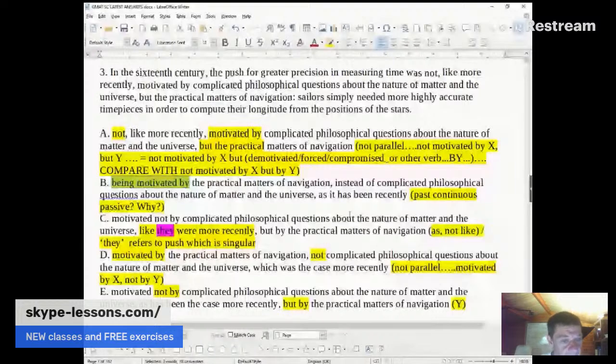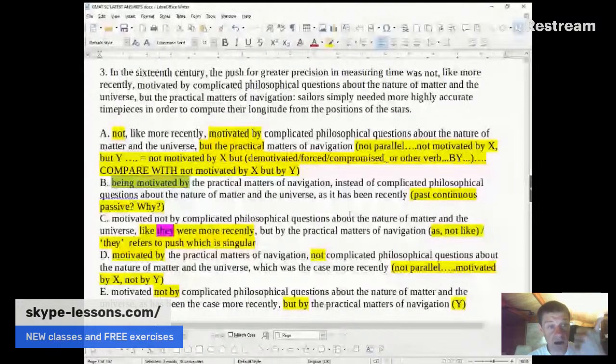Let's have a look at C. Motivated not... so we haven't got not motivated. We've got motivated not by X, but by Y. Yeah, motivated not by X, but by Y. So that bit's good. However, if you've been watching these classes for a little while, you will know that this exam does not like like being used as a subordinating conjunction.